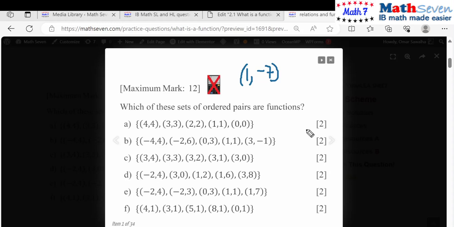Okay, it gives me different answer every time. This is not a function, it is a relation. Okay, so part A it is a function.